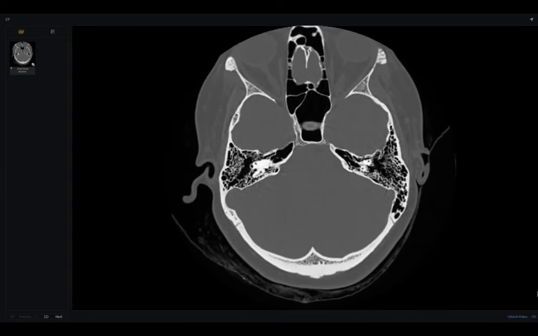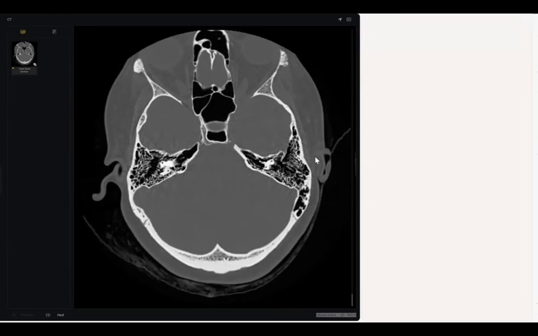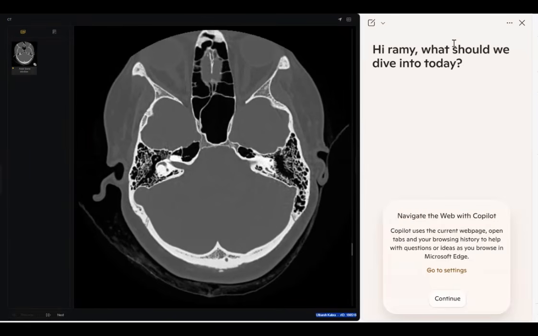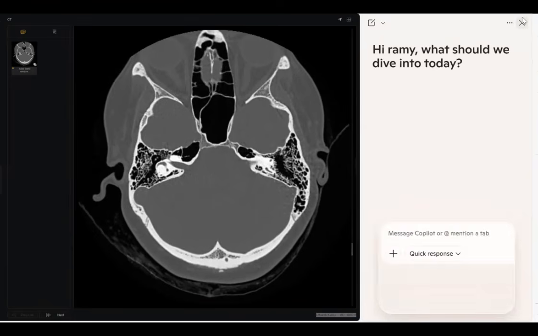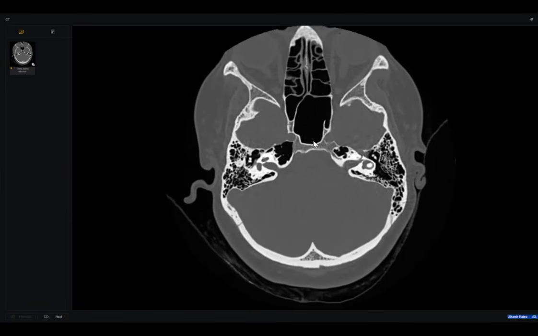I can see the mastoid air cells, they look clear. Middle ear cavities also. Middle cranial fossa.